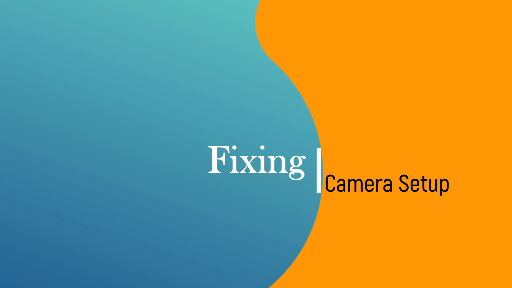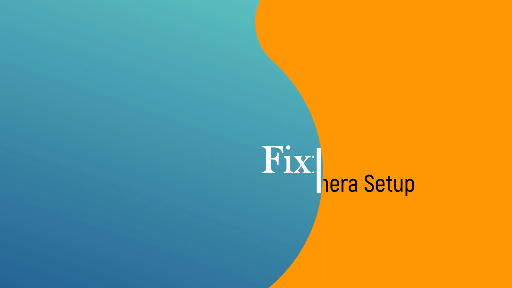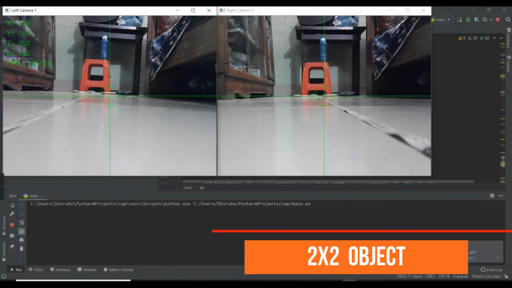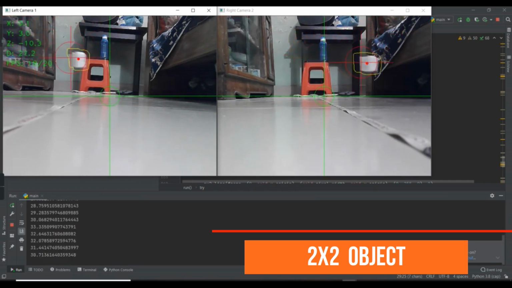We have used different sizes and shapes of objects to find the minimum and maximum region it can detect perfectly. This is a 2 by 2 object that we have used. When the red circles show on the camera, it can detect the object. Now camera can detect.